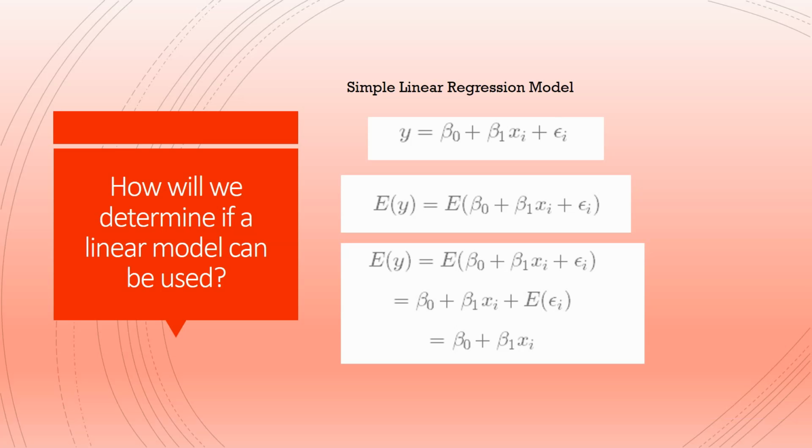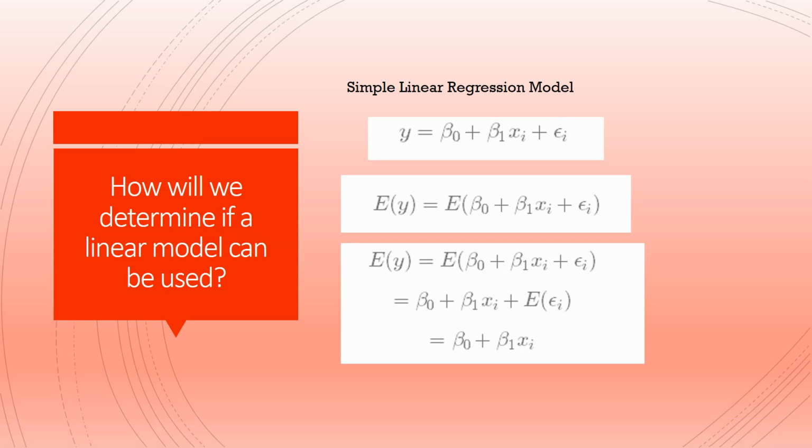So we are going to use simple linear regression to determine if a linear model can be used. So we have our model for linear regression, y equals beta naught plus beta 1 xi plus epsilon. Epsilon is the error.